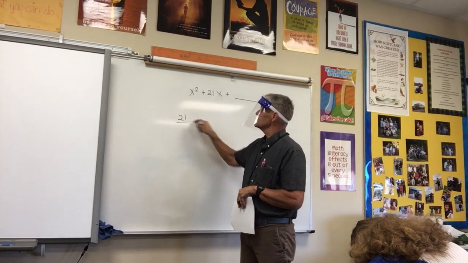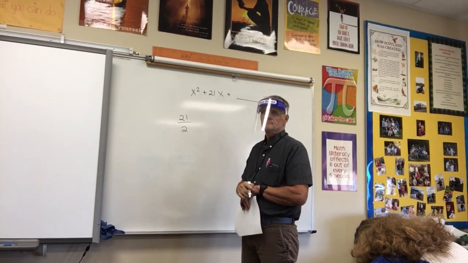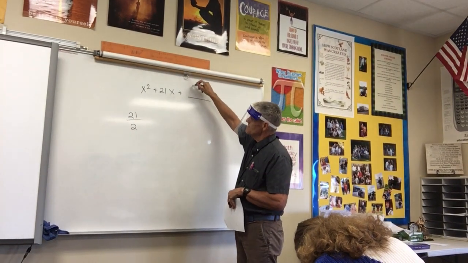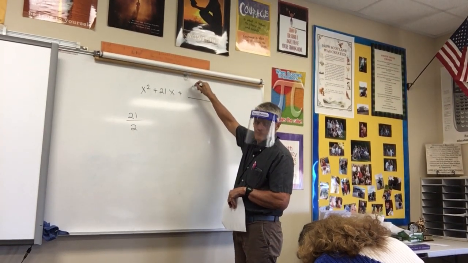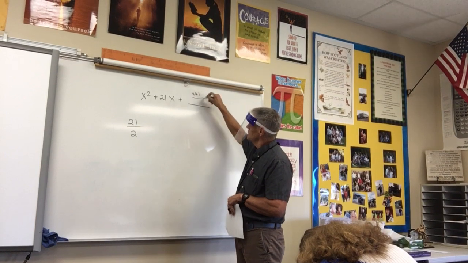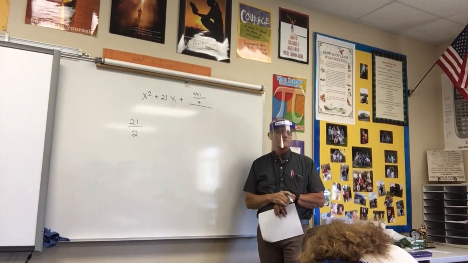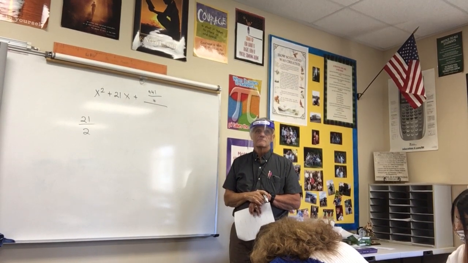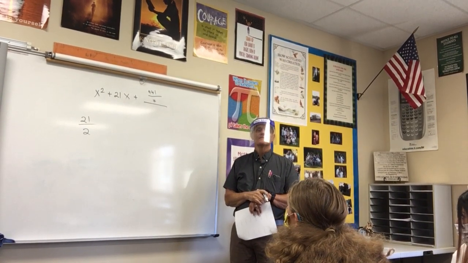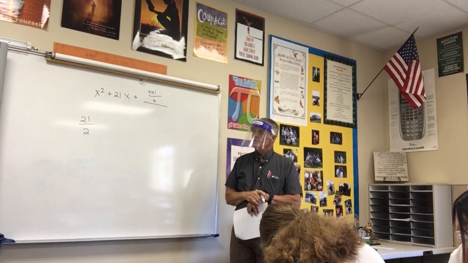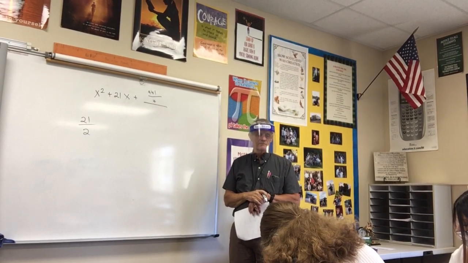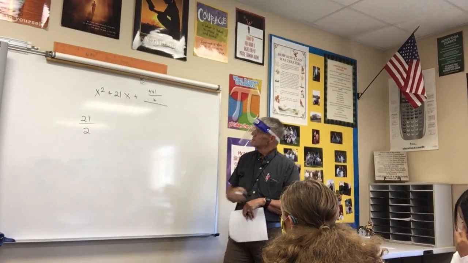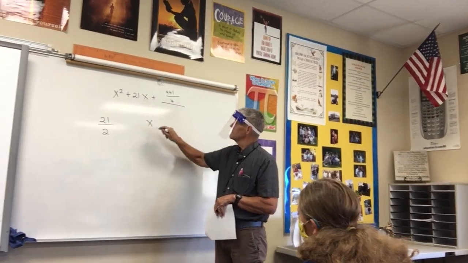You should have checked your answer. Okay? Did I do it right? 21 times 21? Yeah, you did it right. Just didn't have to. 21 times 21 is 441. 2 times 2 squared is, okay, so now I go.